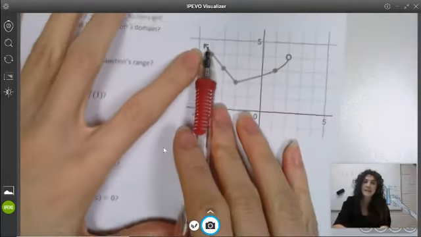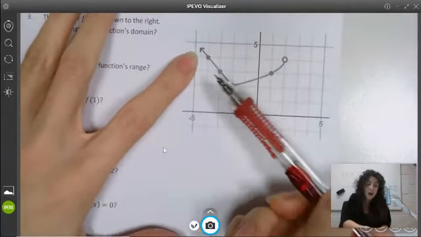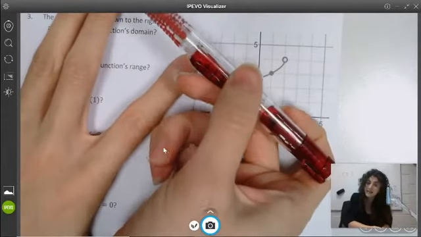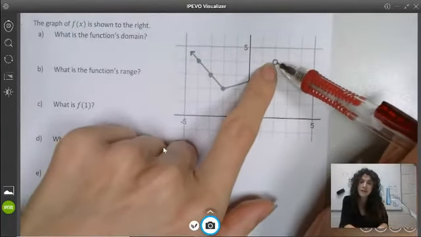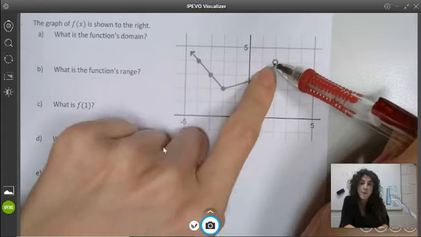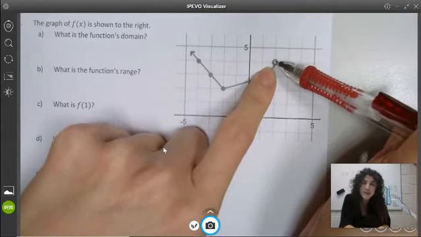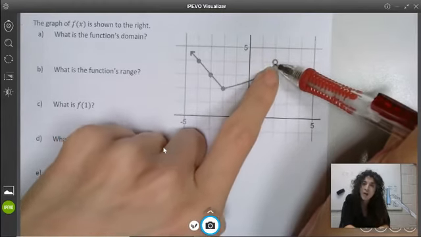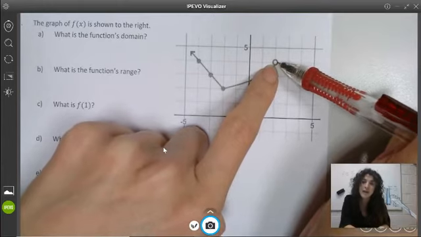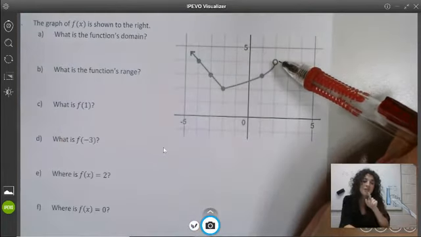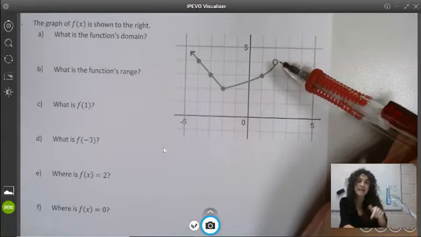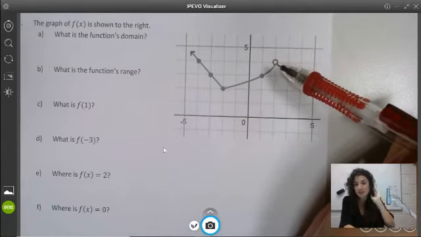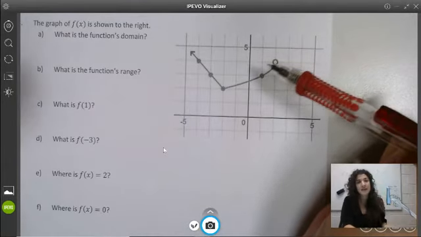Whereas here we have one end that has an arrow, which implies that it goes on forever and ever in this behavior. And now on this other end, we have an end behavior of an open dot. And these open dots indicate that we go all the way up to that number, but we don't actually quite hit it. So whereas in the previous page we said less than or equal to, in these cases we would say strictly less than.